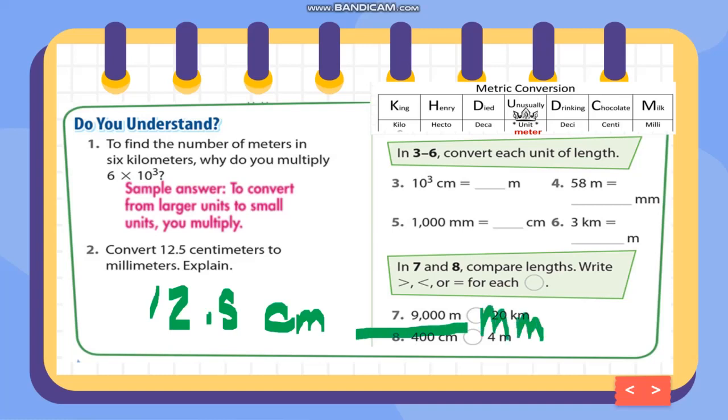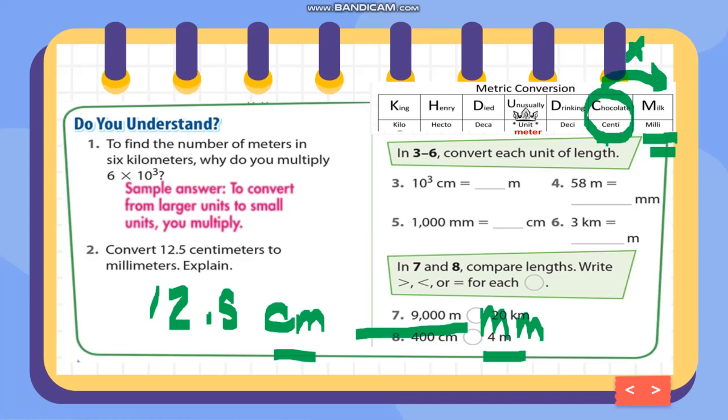So by using the guide, from centimeter to millimeter, where is your centimeter? This is your centimeter. Then where is your millimeter? This one. So it means from centimeter to millimeter, from larger unit to smaller unit. So that is multiplied by how many?